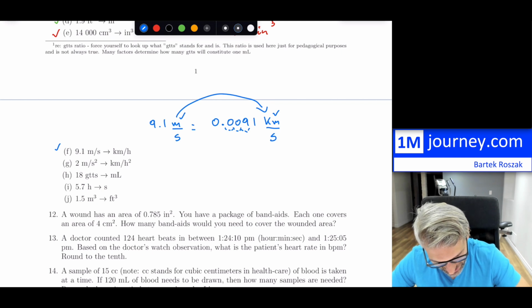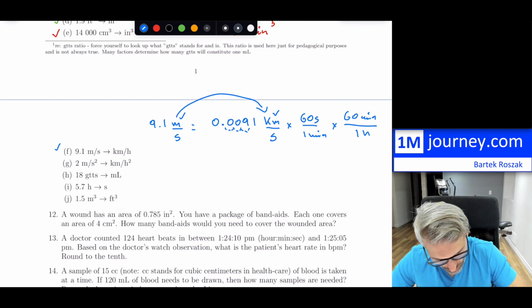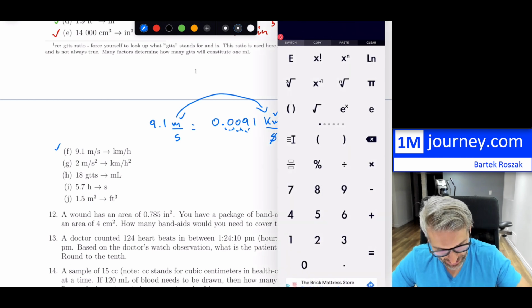Now, to get rid of the seconds and get to hours, this one is going to be a little bit annoying. So there's 60 seconds in 1 minute, and then there are 60 minutes in 1 hour. That gets rid of your seconds, and this gets rid of your minutes. And now you have to multiply the whole thing.